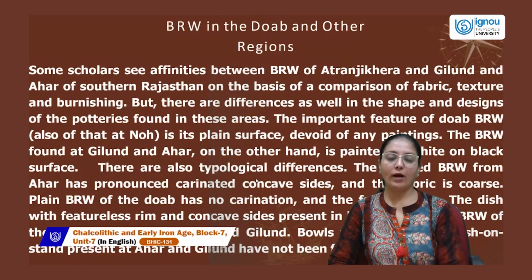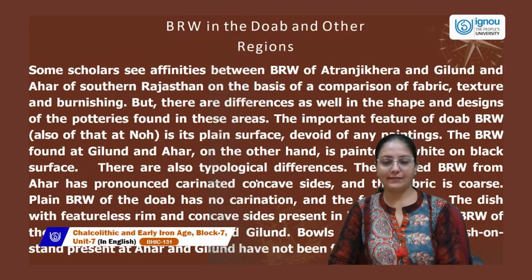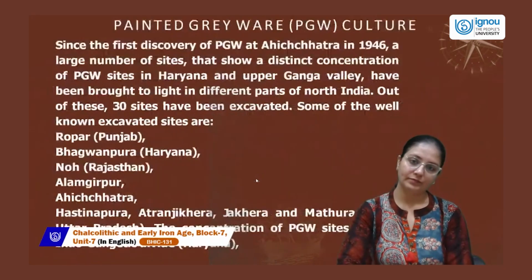Plain BRW of the Doab has no carination and fabric is fine. The dish with featureless rim and concave sides, present in large number in BRW of Doab, is absent at Ahar and Gilund. Bowls with spouts and dish on stand present at Ahar and Gilund have not been found in Doab sites.